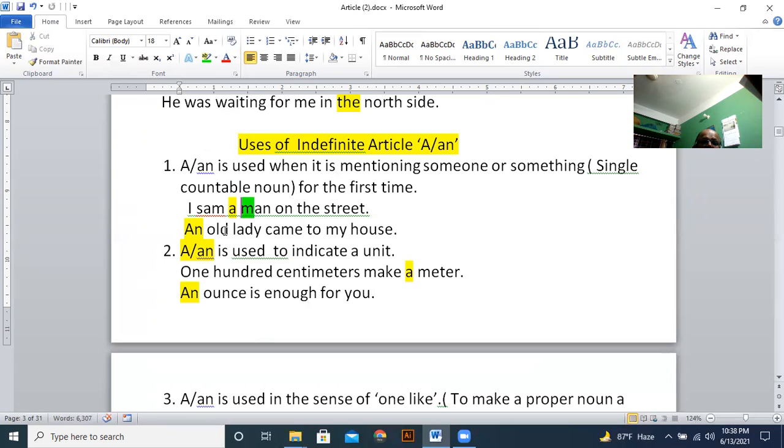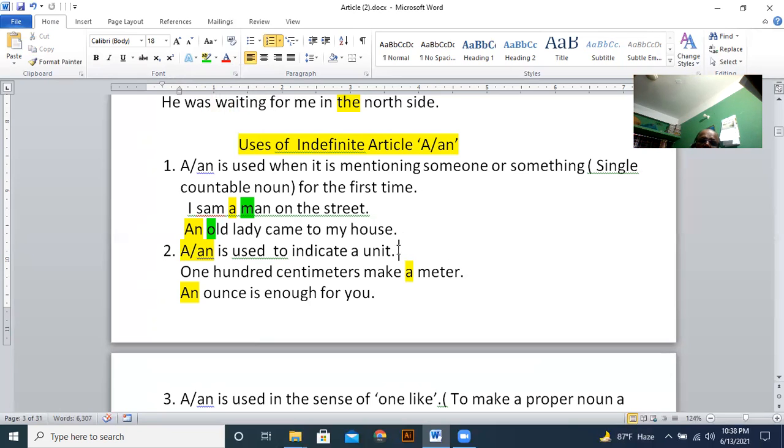But the next sentence: an old lady came to my house. Here, before old, which starts with the vowel o, you have to use an. Okay, my dear students, have you any question, any problem? Okay, thank you.